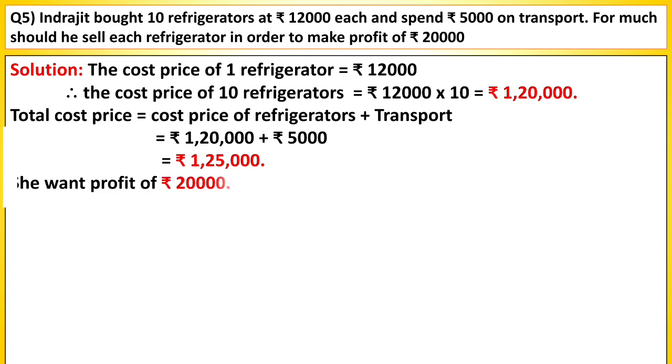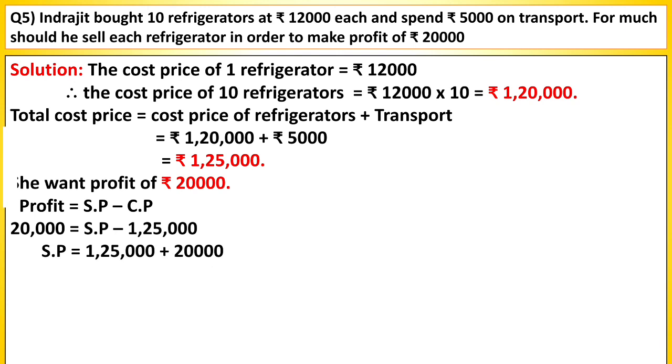Now students, Indrajit wants a profit of rupees 20,000. But the profit formula is SP minus CP. Profit is given, 20,000, and SP is not given, and the CP is given, 1,25,000. So SP equals 1,25,000 plus 20,000, we get 1,45,000.